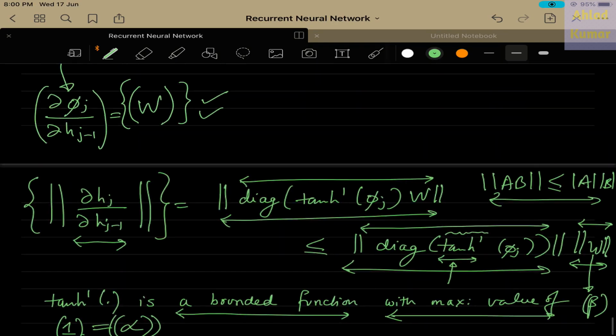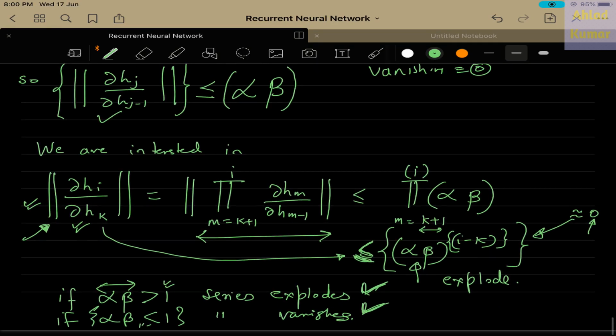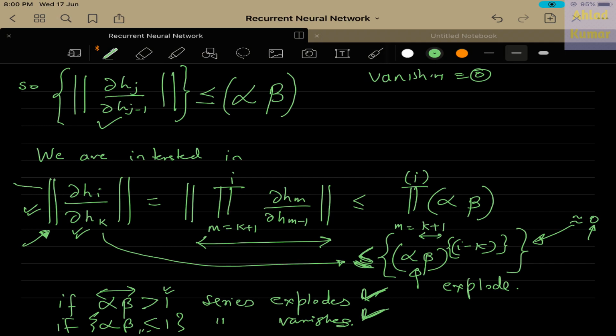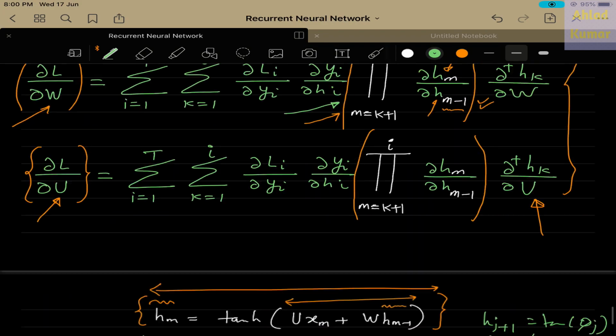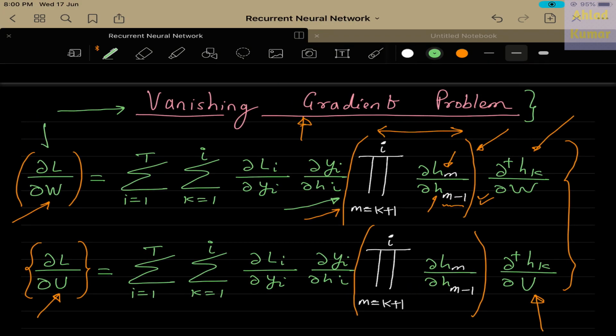You observe that this term over here is basically affecting partial L with respect to partial W. If this term is affecting this derivative, and we are saying that it is becoming closer to 0, when the gradients are vanishing, then what will happen?